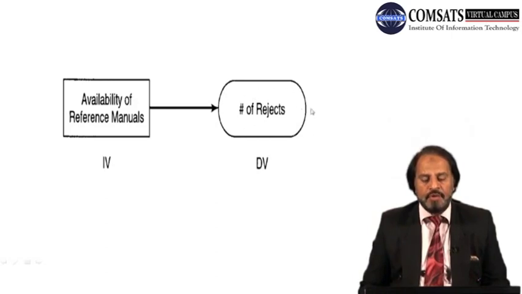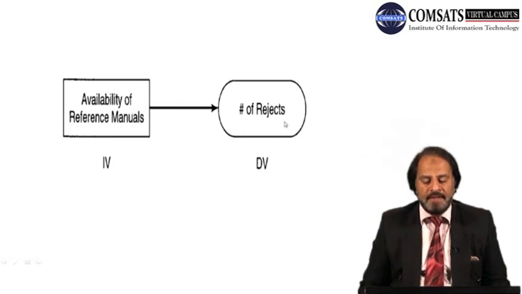They want to reduce the number of rejects, that while producing certain products, they want to make sure that the products which are not of a certain level or quality and are rejected are reduced. So they're saying that if we have more reference manuals available, the number of rejects will drop.